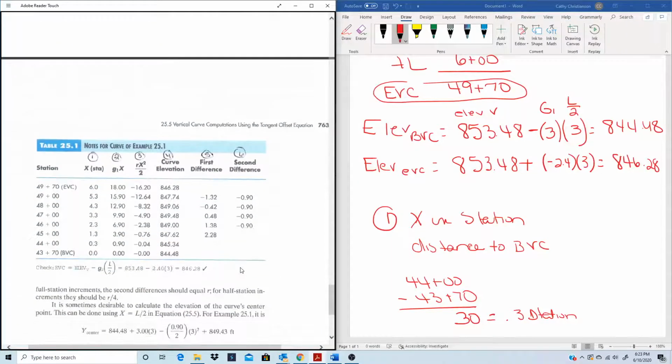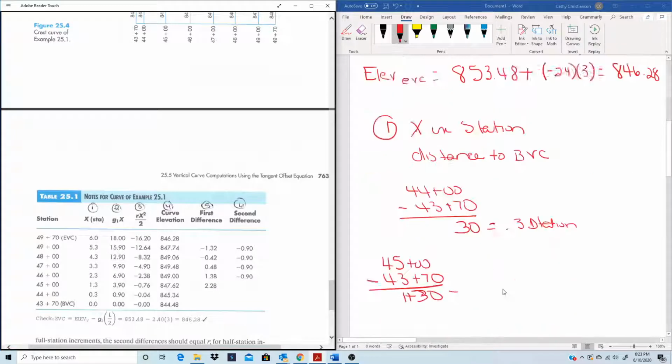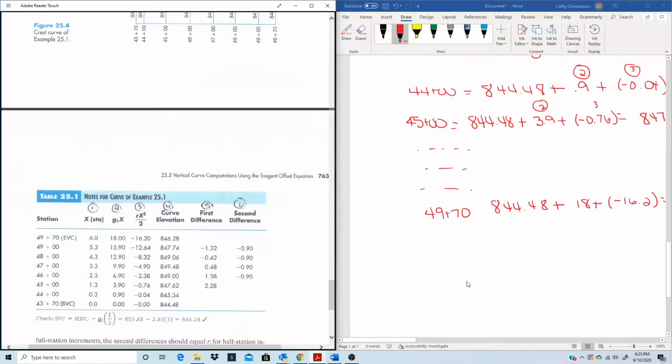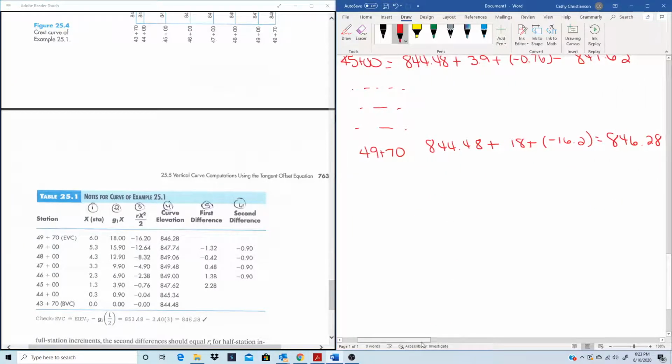So we can check our work. I am going to show you how to check the work. I would only check my work maybe on a test. And you can check your work with first difference and second difference. So typically when you're setting up your homework problems, I would only do these first 4 columns.